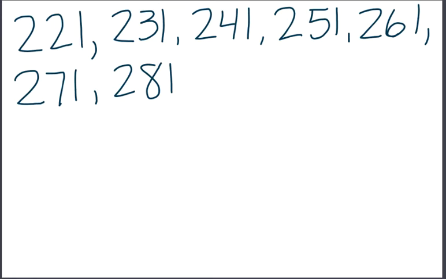How about the ones digit is always 1? There's always a 1 in the ones place. What else do you notice? What other patterns do you notice? How about the tens digit goes up 1 each time that we count? 2, 3, 4, 5, 6, 7, 8.